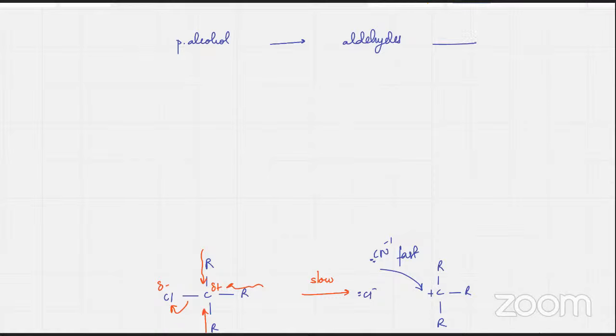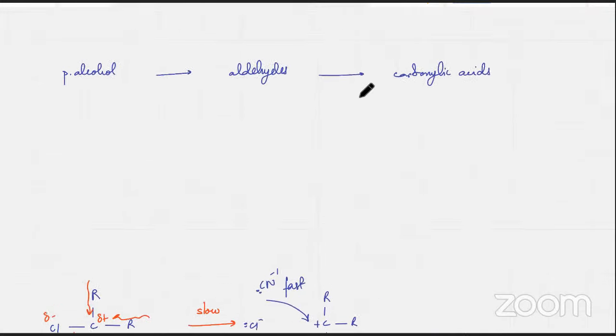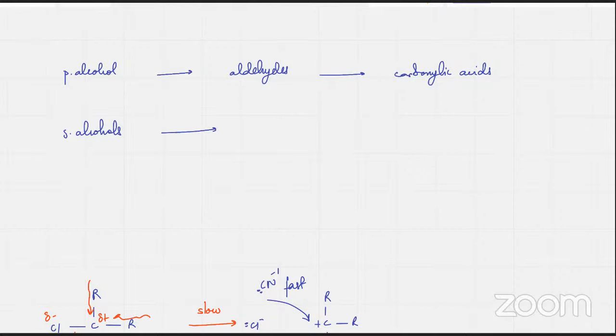And if you further oxidize them, they turn into carboxylic acids. Then you've got secondary alcohols. Secondary alcohols turn into ketones. And tertiary alcohols have no oxidation whatsoever.